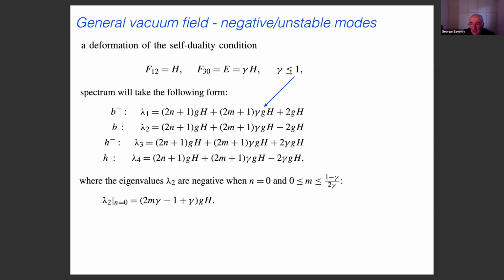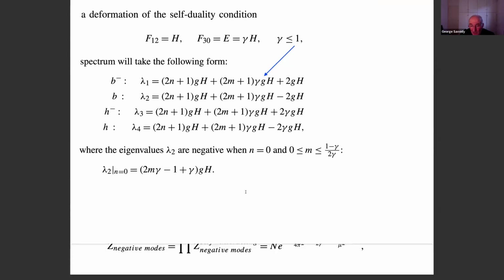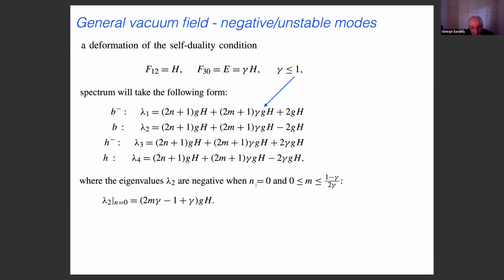But if gamma is less than 1, then we are no longer in self-dual fields. When you destroy the self-duality, then negative modes appear. These negative modes appear when n is equal to 0 and m is (1 minus gamma) divided by 2 gamma. Because gamma is a small number, you see m becomes large and larger. So for small gamma, there are more and more negative modes, unstable modes in the system.